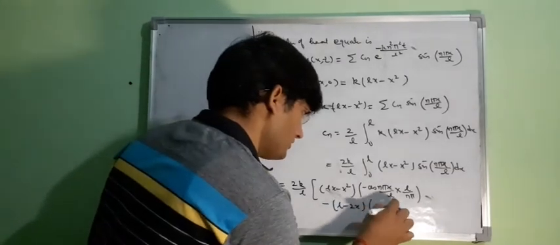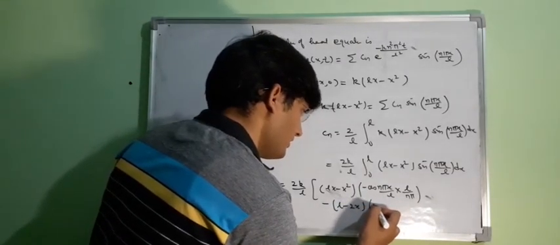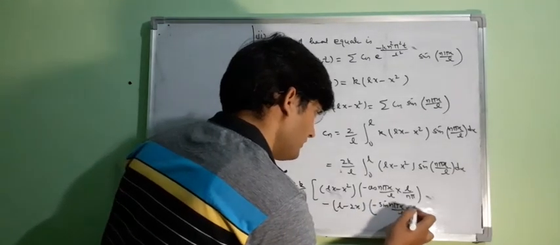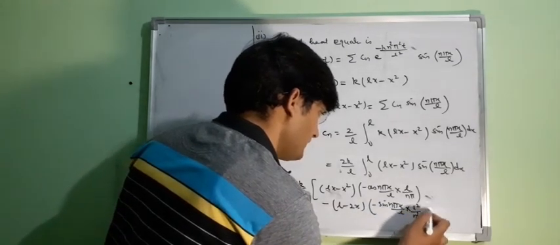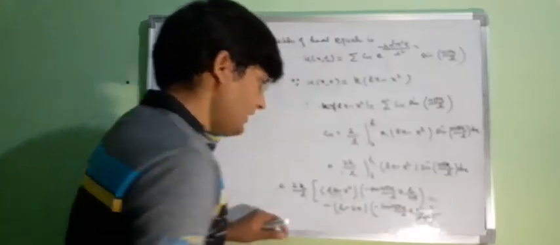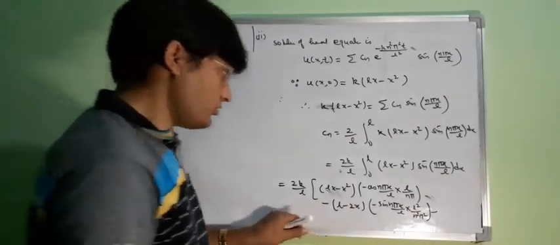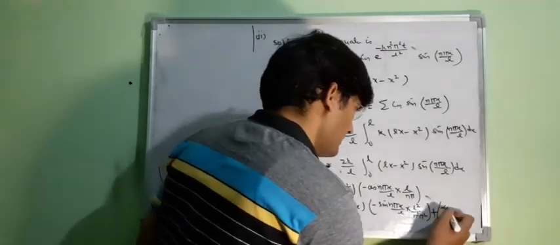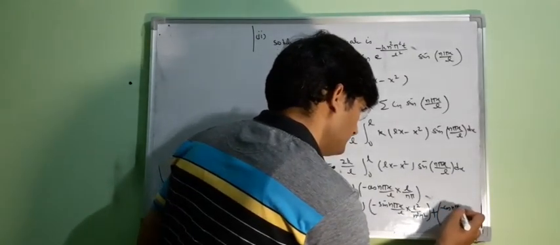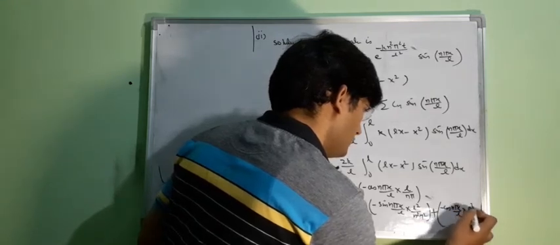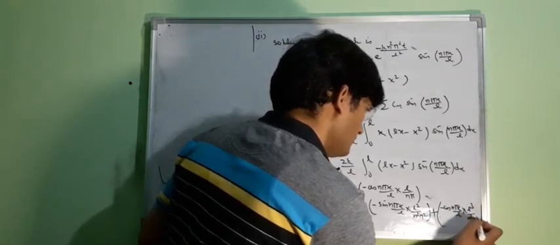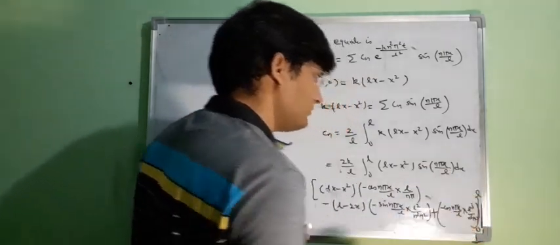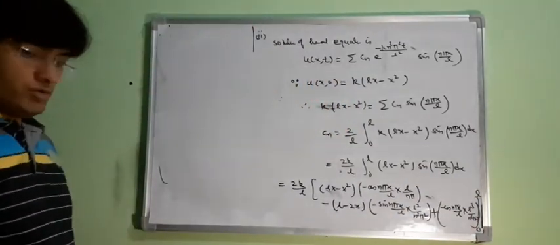Now the integration of this bracket will be minus sine n pi x upon L into L square upon n square pi square, then plus, and the differentiation of this term will give you minus 2, so this will be a plus, and again integration of sine will be a cos, so we will have cos n pi x upon L into L cube upon n cube pi cube, with limits from 0 to L.